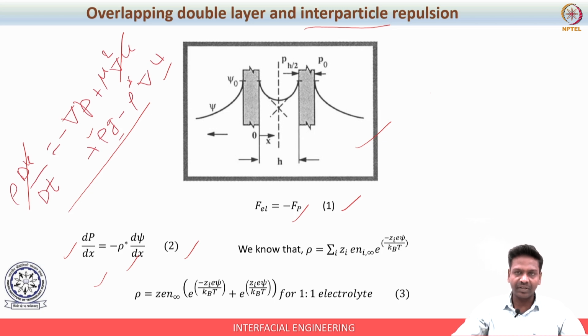Because when they overlap, it actually prevents the flow of any ions within this domain, which means they are making this volume, this space, inaccessible to counter ions, such that they will not be able to freely move around. For example, any counter ions here cannot move within this domain.